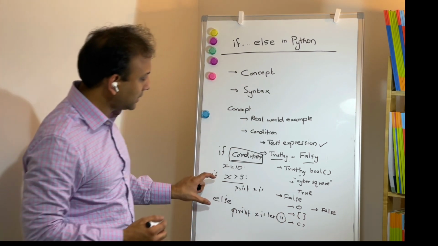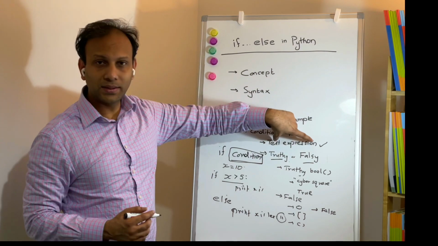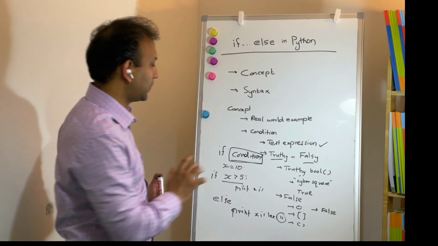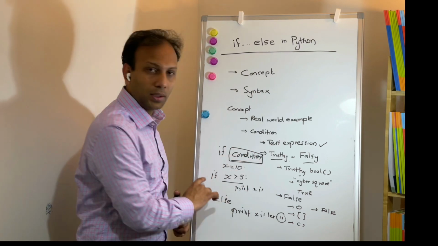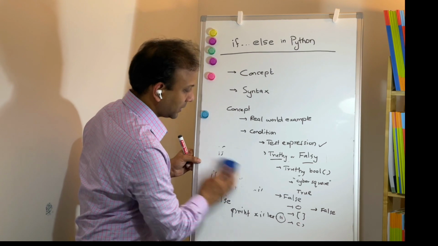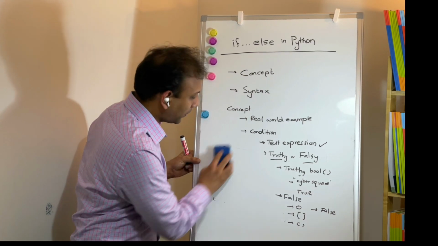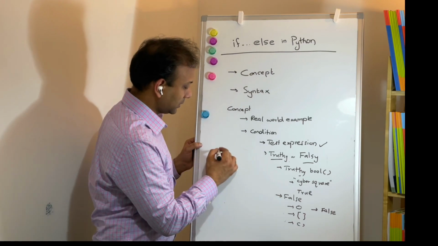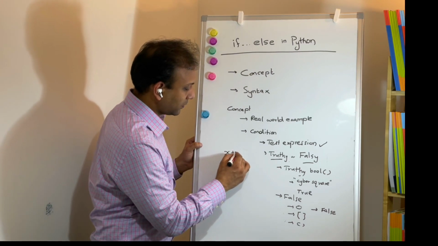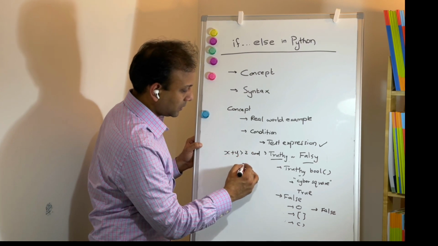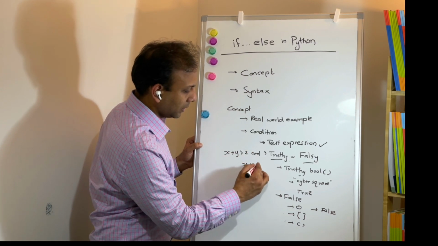So the idea is that you can have a test expression. You need to tell the student what an expression is before you go deep into the if statement. That's a point about test expressions. Another point is that an expression can be something like x plus y greater than 2, and x plus x minus y greater than 3.